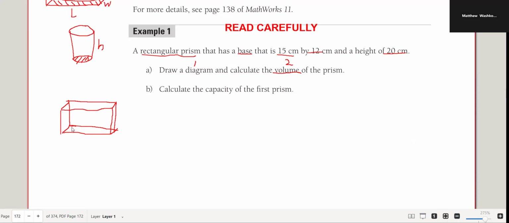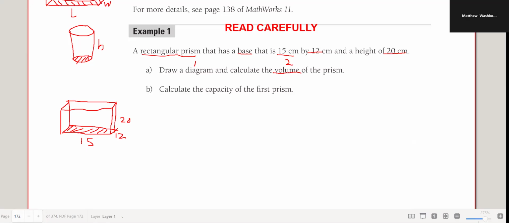Now the base, right? The base is this part here. It is 15 by 12 with a height of 20. So 15 by 20 by 12. So again, volume, volume, volume. What's volume?